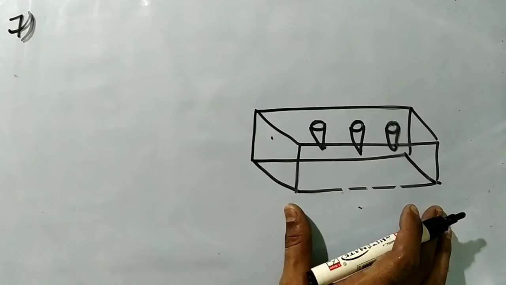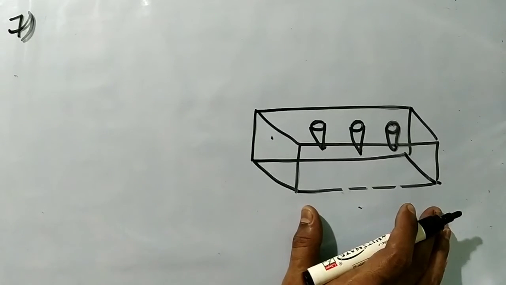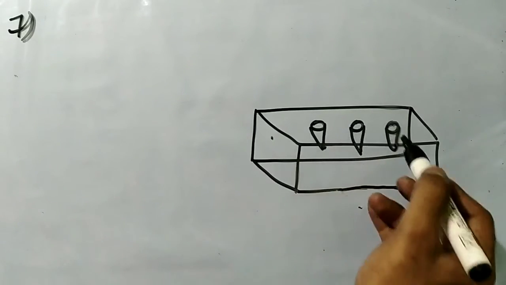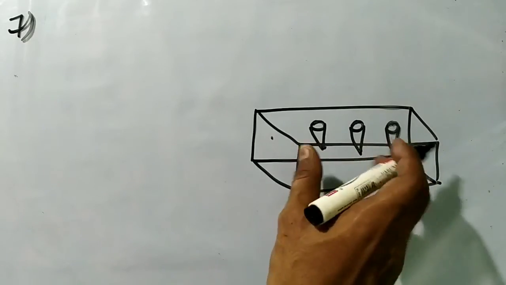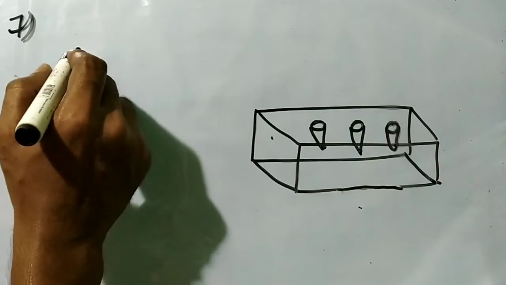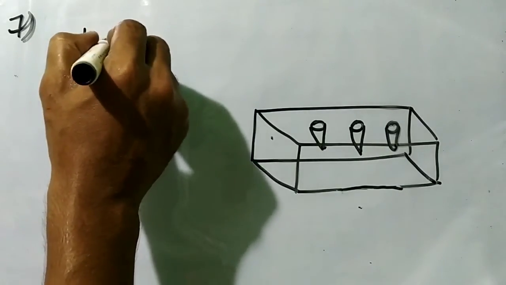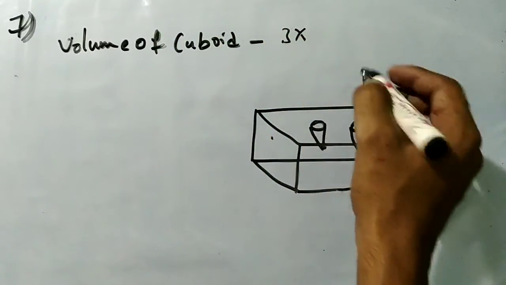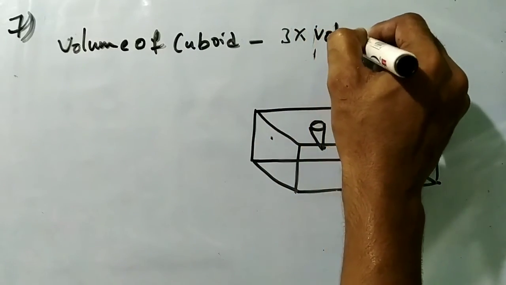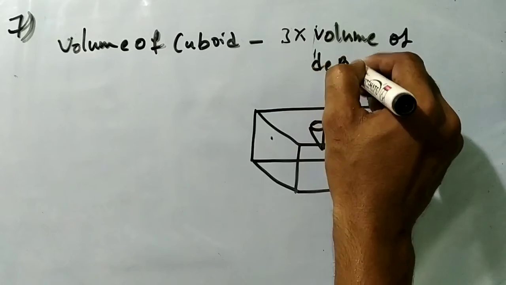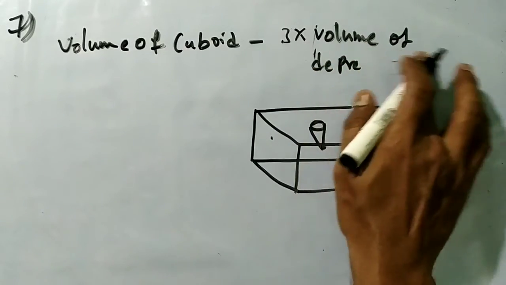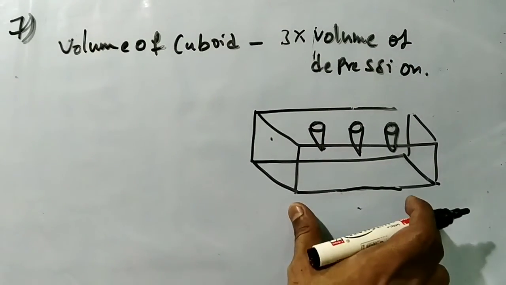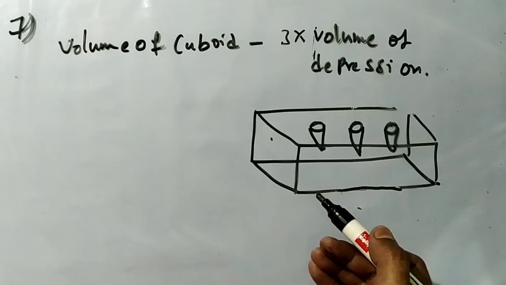The entire stand volume is nothing but the volume of the cuboid with the 3 depressions removed. So it is the volume of cuboid minus 3 into the volume of a depression, and we get the final volume of the cuboid with the 3 depressions removed, that is the pen stand.